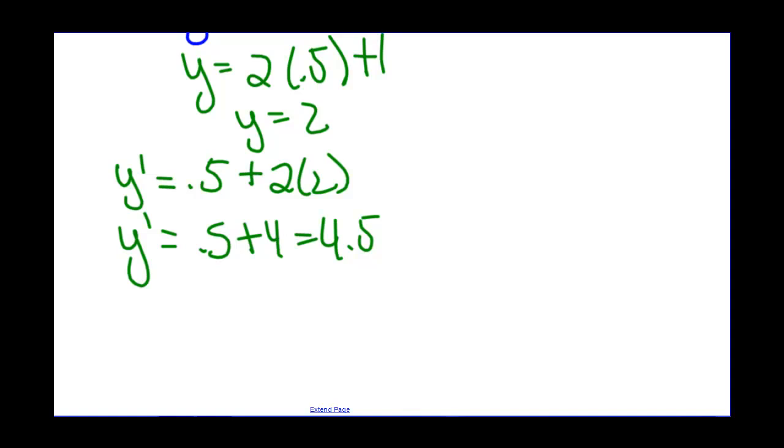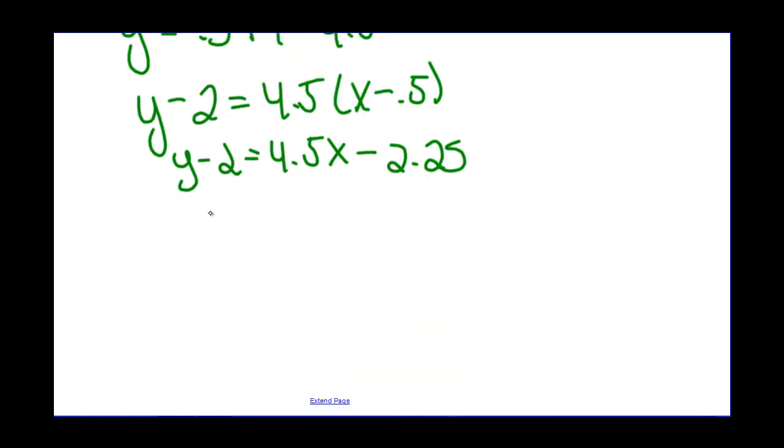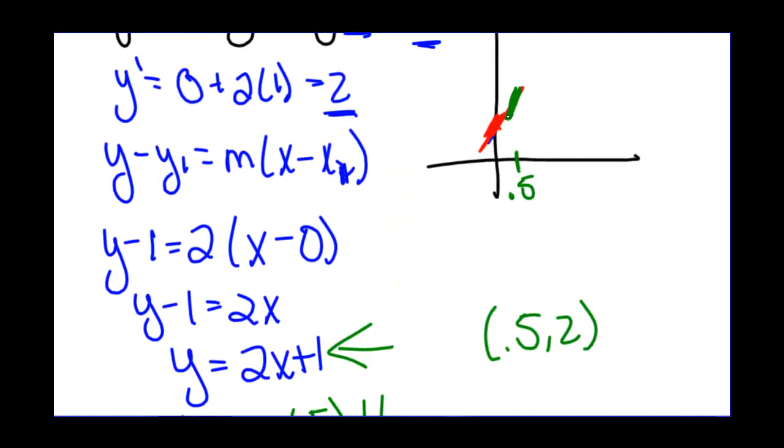And our equation is y minus y1, which is 2, equals our slope times x minus x1, which is 0.5. So y minus 2 equals 4.5x minus 2.25. So y equals 4.5x minus 0.25, and that's the equation of my new linear approximation.